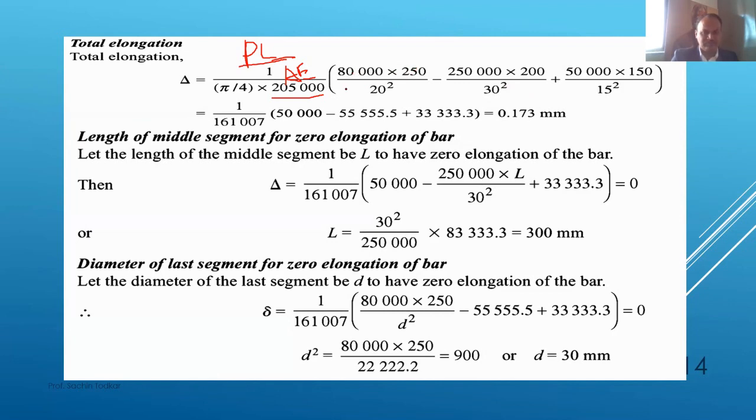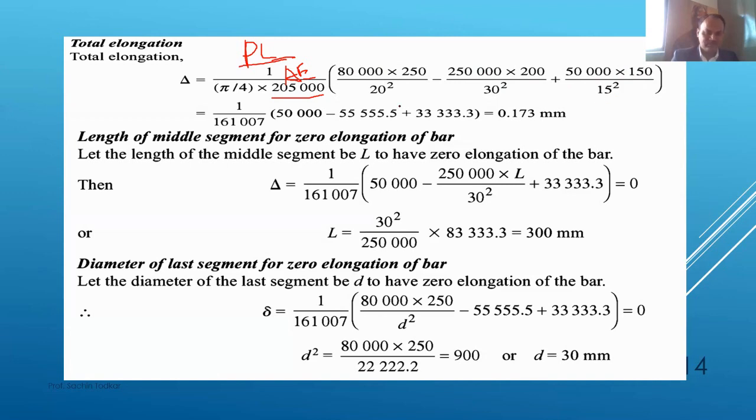Length is 250 divided by its diameter 20 square, minus 250 kilonewton, so 250,000 into 200, its length, divided by 30 square, plus 50,000, that is 50 kilonewton, into 150 divided by 15 square.